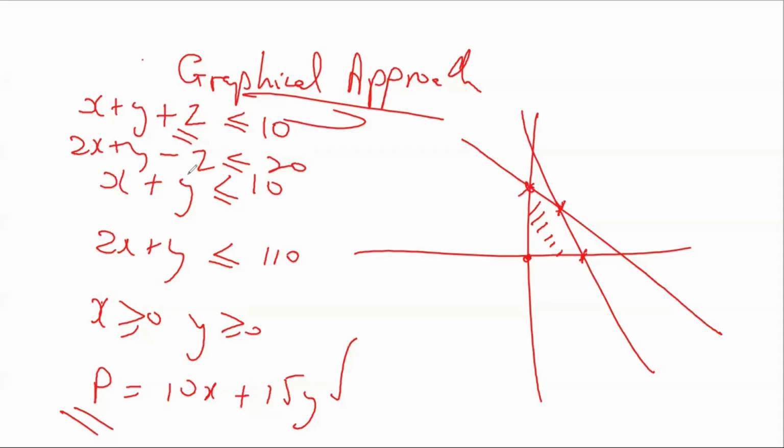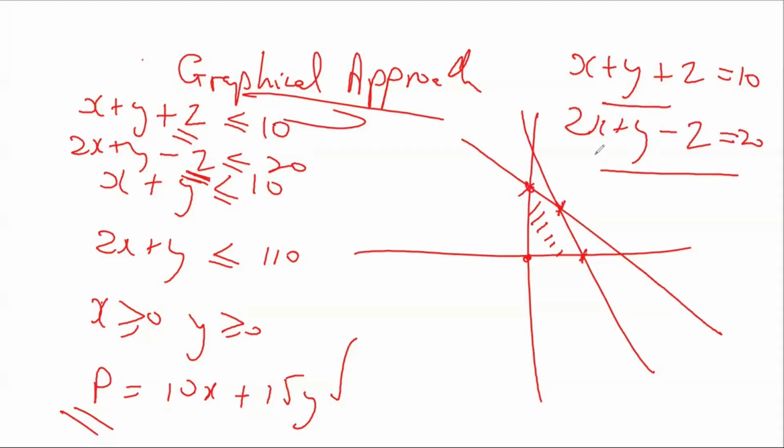But you have that third unknown. What would happen if you want to try to graph x plus y plus z equals 10 and 2x plus y minus z equals 20?